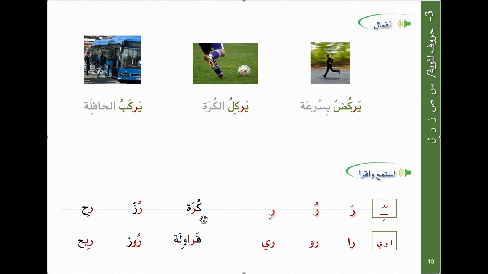Then we have our next section here. Kura, farawla, or farawila. So this is long. The ra alif is long. Farawila. But here, the ra just has a fatha, so it's short. Kura. Here we have a short vowel.